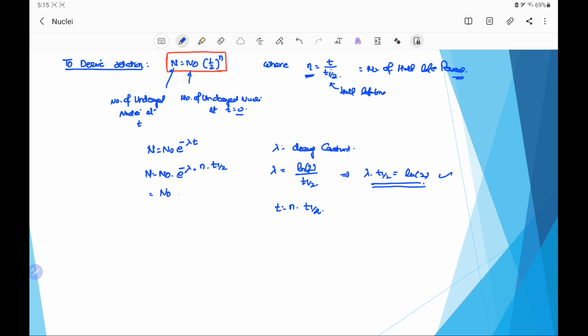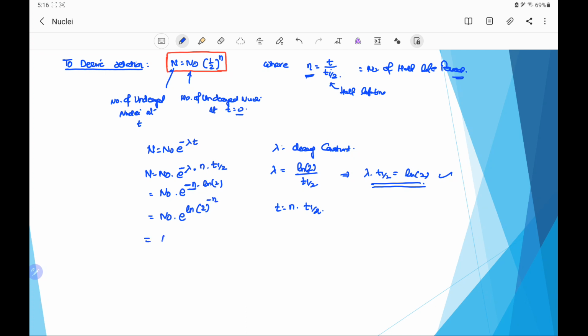So this is equal to N0 into e raised to the power minus n ln 2. Using the property of log, this minus n will become the power of 2, so we can write it as ln 2 raised to the power minus n.